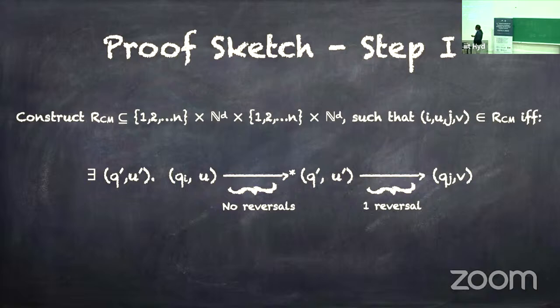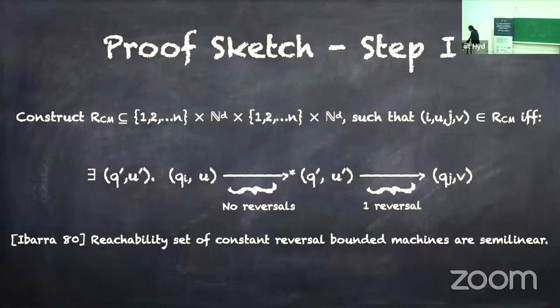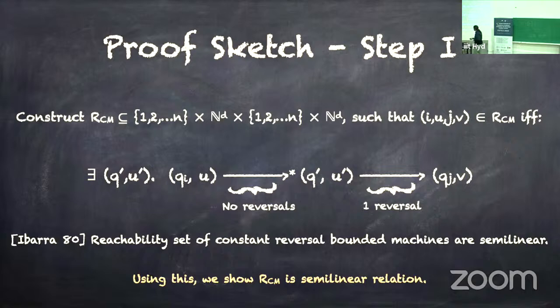So in some sense, from (qi, u), after exactly one reversal, you will reach (qj, v). If that happens, you basically define R_CM, which defines this relation. Now, reachability sets of constant reversal bounded machines are semilinear. This was already done by Baker in the 80s. Using this, we prove that R_CM is indeed a semilinear relation.